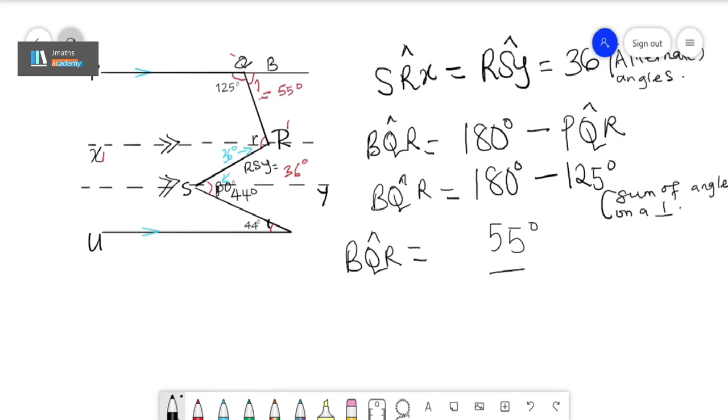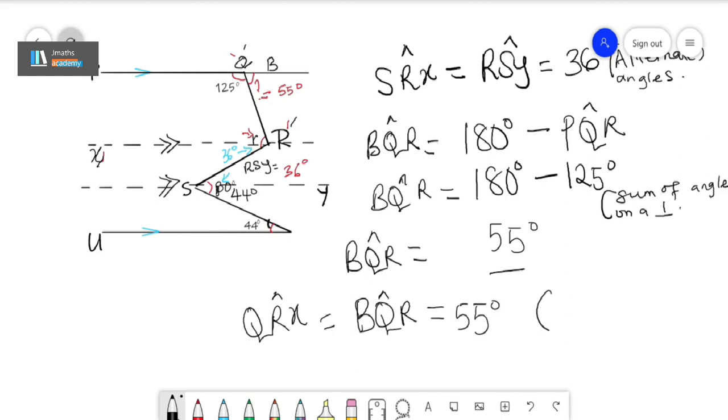Now in our question, we are looking for our angle R, which is QRX, which is this angle, to be equal to our angle BQR, to be equal to 55 degrees. Our comment here is alternate angles.